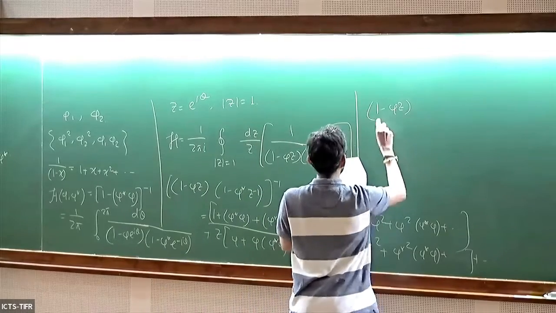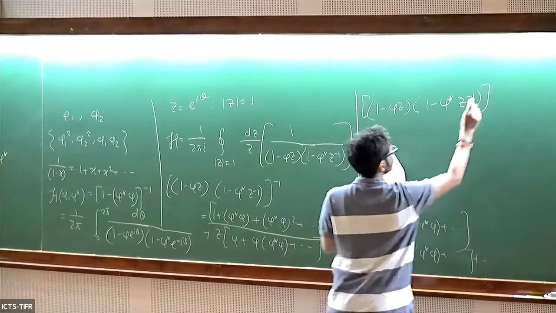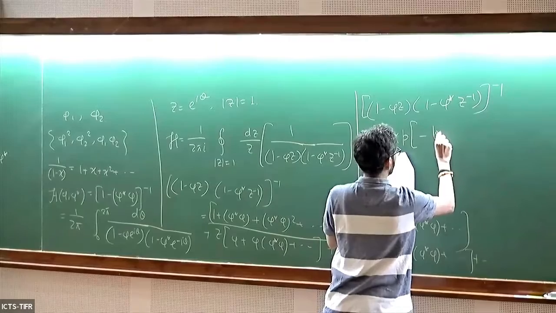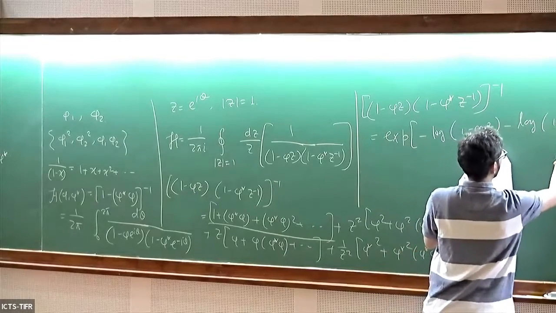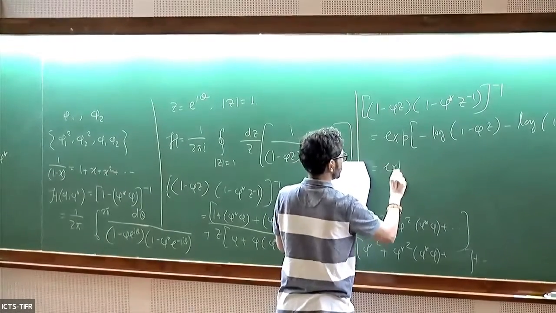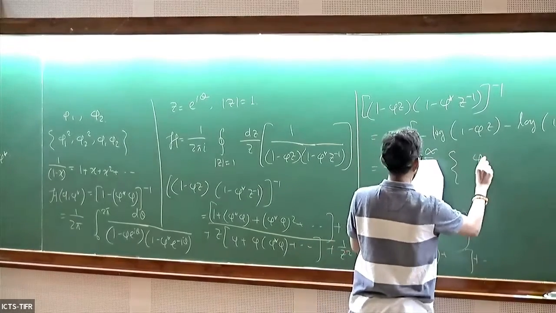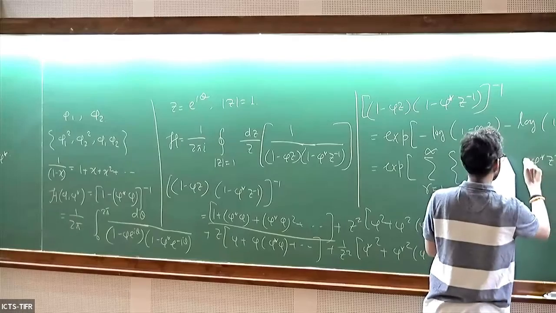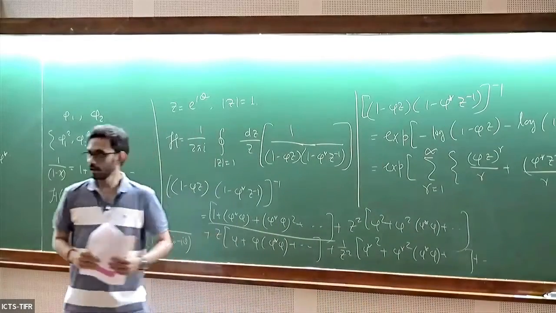This thing we can write as an exponential of minus log(1 minus phi z) minus log(1 minus phi star z inverse), and that I can write as an exponential of the sum over r equal to 1 to infinity of (phi z)^r by r plus (phi star z inverse)^r by r.